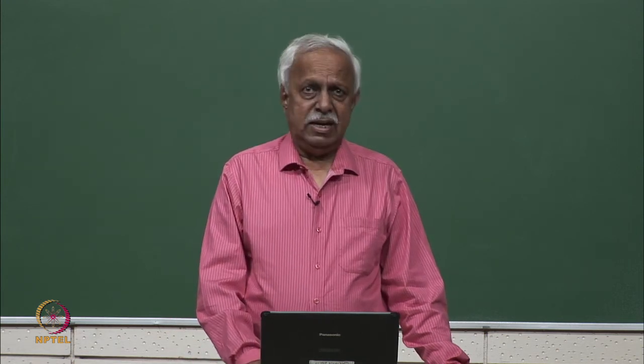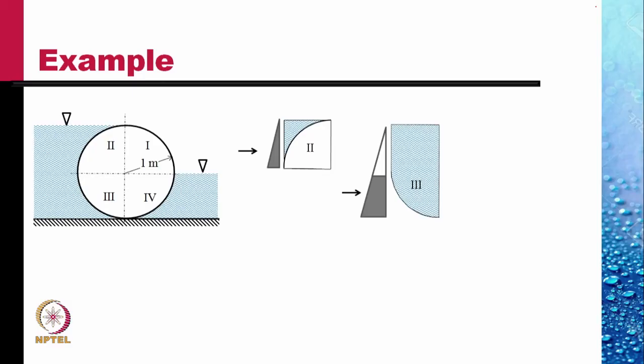On the fourth quadrant, the pressure variation is as shown. The depth of the centroid would again be at 1/2 meter from the top of this, and therefore all the three horizontal forces have been determined.